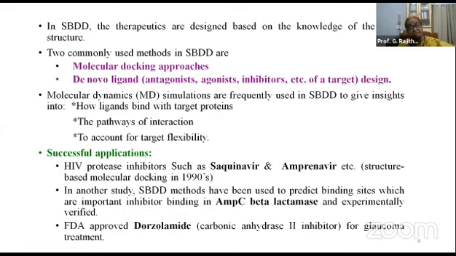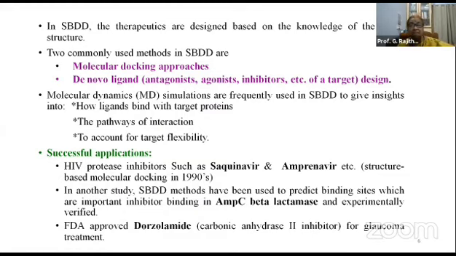HIV protease inhibitors. HIV protease is a prime target for AIDS. Under this, saquinavir, amprenavir. These are structure-based molecular docking products developed in the 1990s. Saquinavir is the first targeted HIV protease drug.